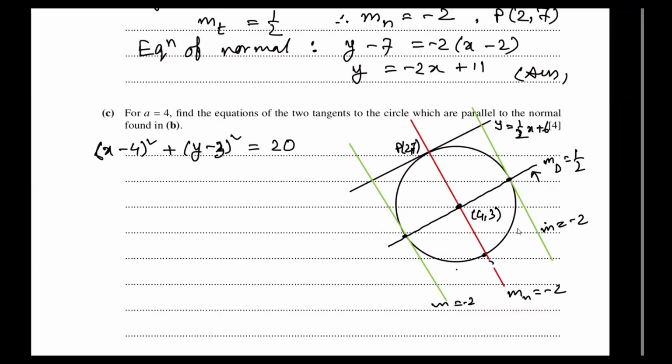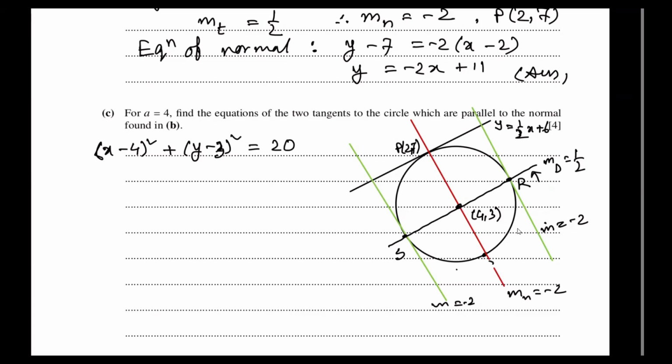Then the points of intersection of this diameter with the circle, let's say R and S: we'll solve the equation of the diameter and the circle to find the coordinates of R and S. Then using R and S and the gradient of these two tangents, minus 2, we'll find the equations of the two tangents.